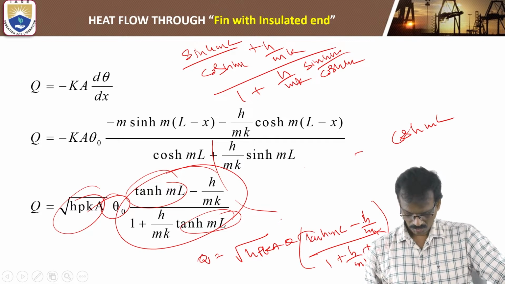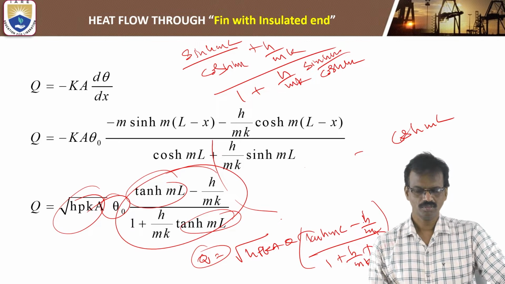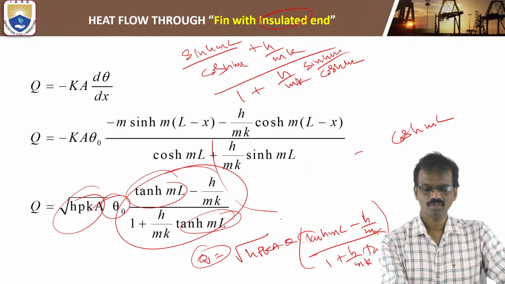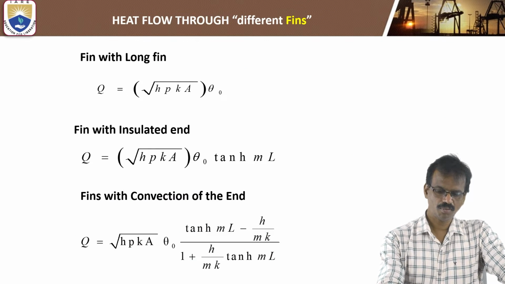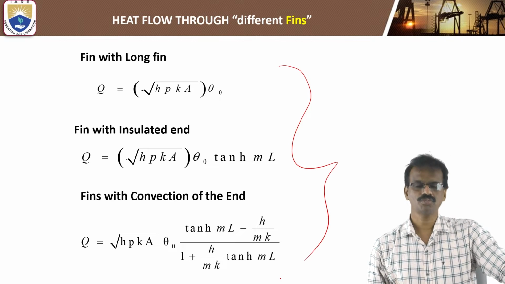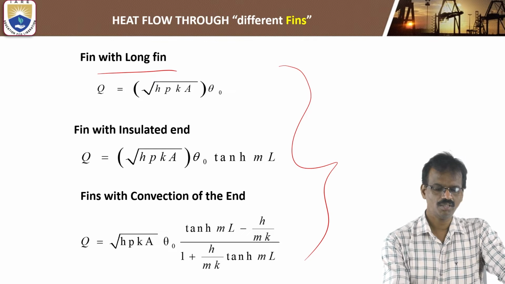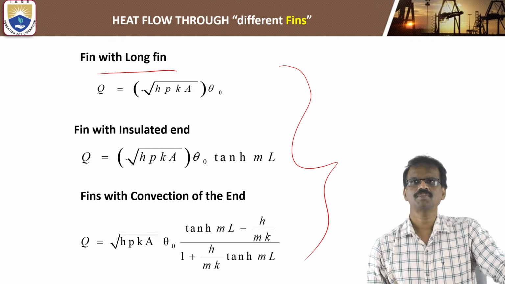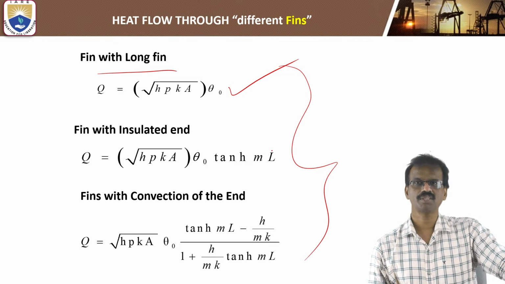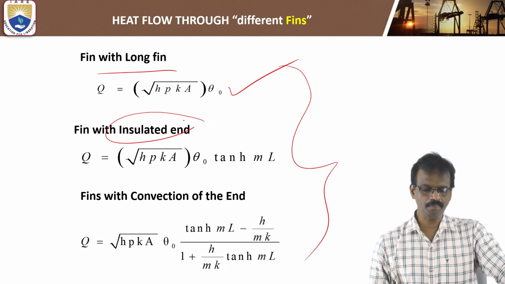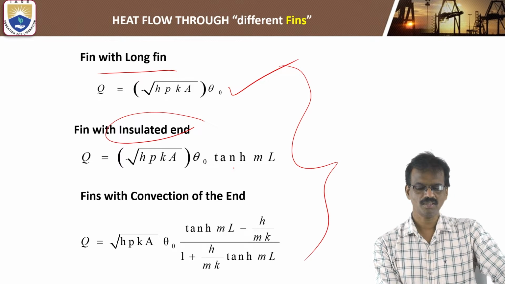So finally, this is the rate of heat transfer in the fin with convection at the end, not insulated. These are the formulas for the three types of fins. This is the formula for the first fin, the long fin. We derived that Q is equal to the square root of hPkA theta naught. Next, the rate of heat transfer in the insulated end fin is the square root of hPkA theta naught into tanh ml.